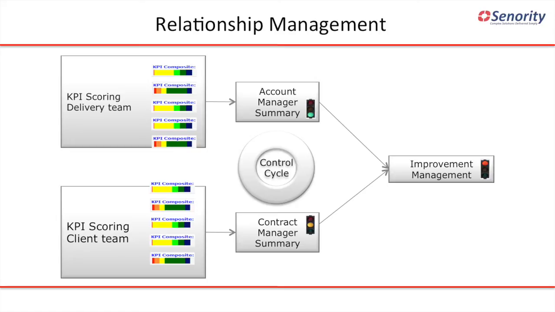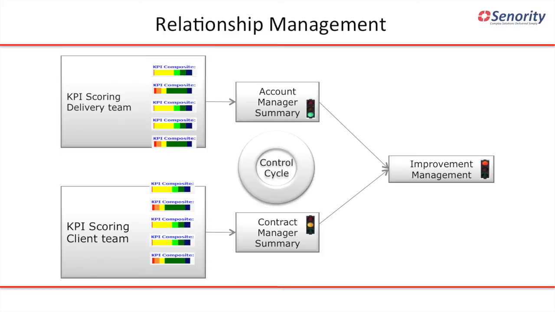They can do that at any time, but they can also do that as part of a yearly customer satisfaction survey. We prefer that the customer provides more frequent feedback, but we do that by making sure that the delivery team regularly scores the relationship, or the perception that they have how the relationship is perceived by the client on a regular basis, and thereby triggering the customer to react if he or she does not agree.